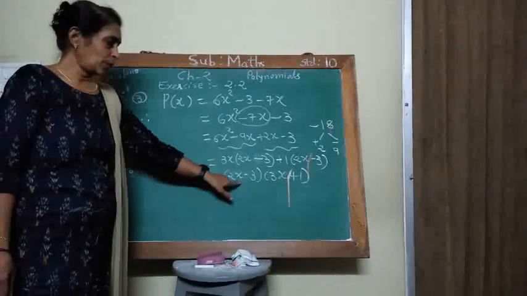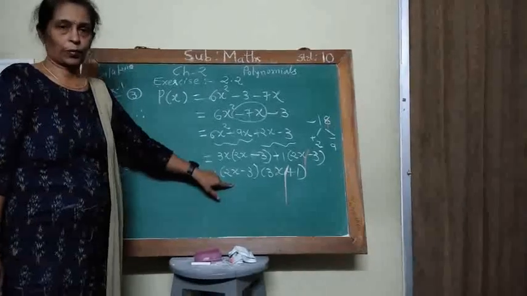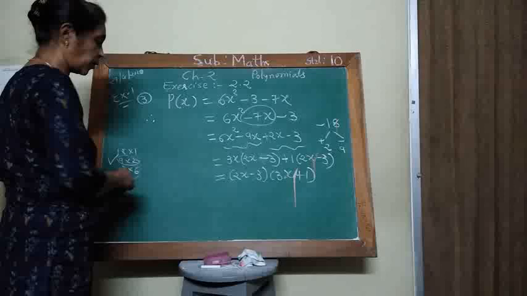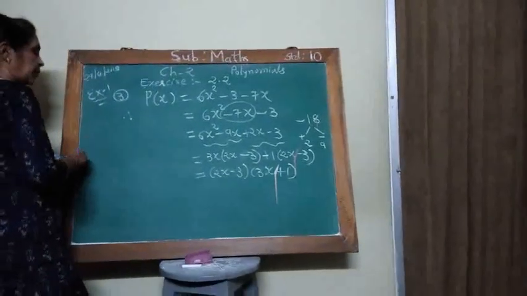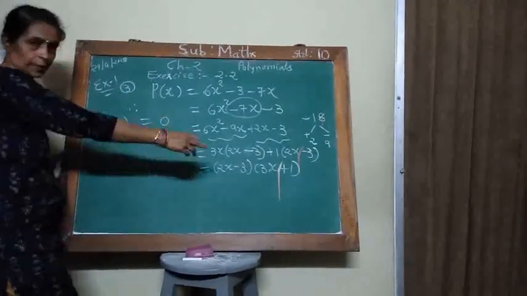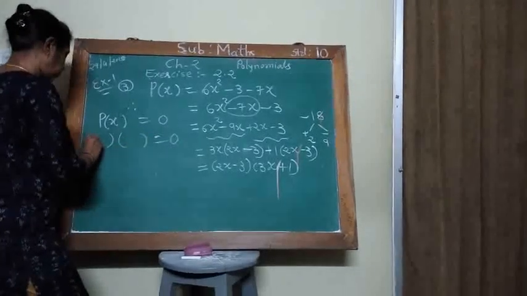Now there are degree 2 and 2 factors, 2, not 3. Now I want to find the zeros of this polynomial. So I write p(x) equal to 0. That means the product of these two brackets must be equal to 0.